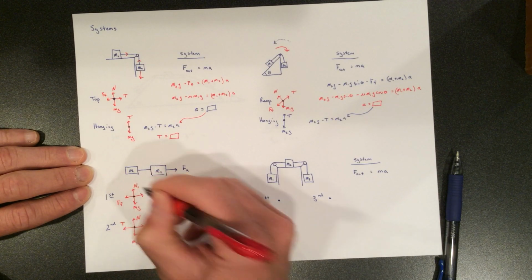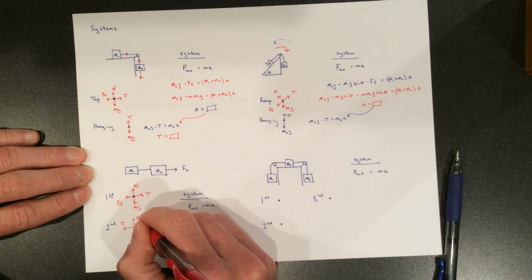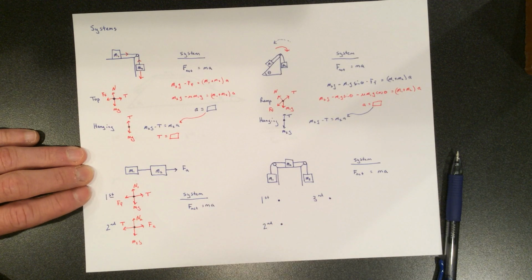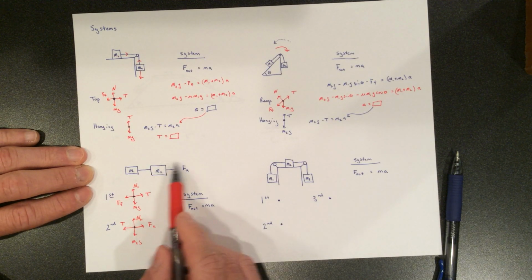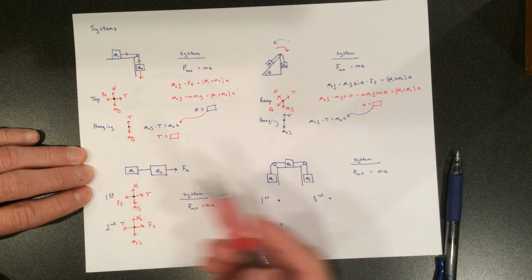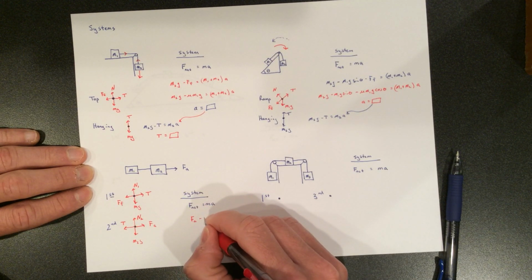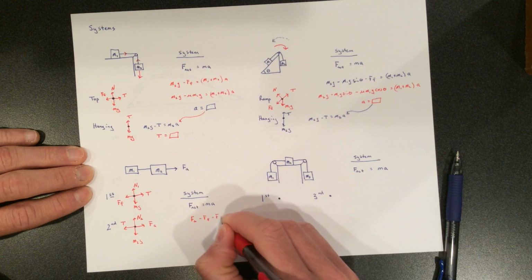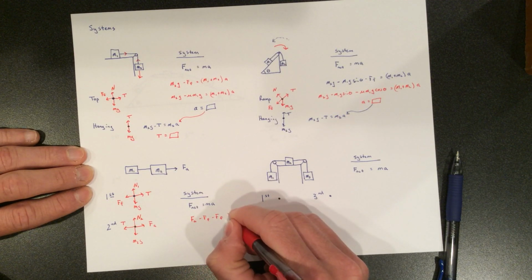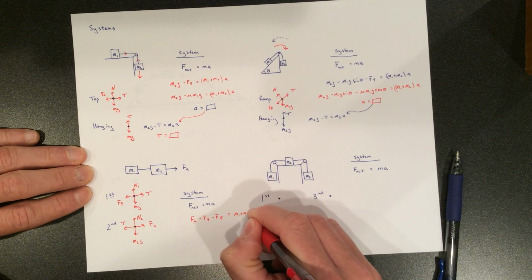This would be like the normal force of the floor in the first box, and the normal force in the second box. Okay? But if I look at the big picture here, it's really easy. There's one force that makes it move. There are two friction forces that make it not want to move, and it moves both boxes.